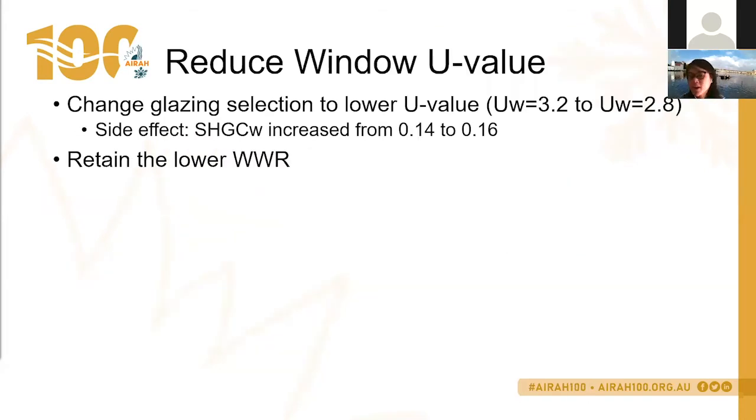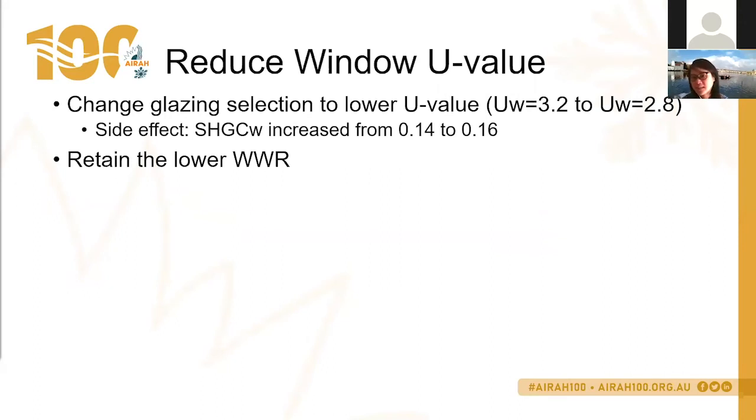So then what we tried to do, with our smaller window, so we're now sitting at about 52% window to wall ratio, was to change our glazing selection. We've reduced it to a lower U value, going from 3.2, which is double glazed, to another window that is now 2.8.